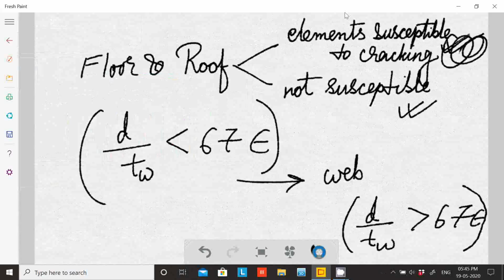Our web is not vulnerable to cracking. For not susceptible to cracking, the permissible deflection is L by 300. So L by 300 will be how much?